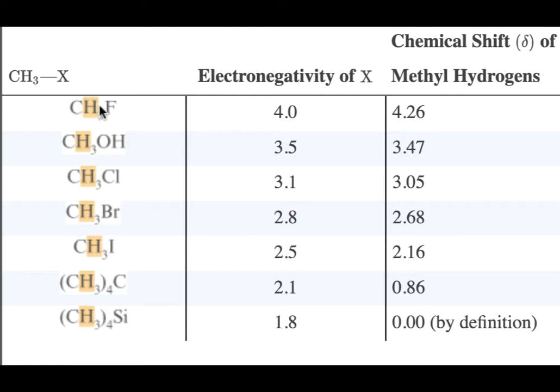The bottom 2 examples are interesting because it just shows you how much more shielding the silicon is relative to a carbon. So here we're looking at tetramethylsilane, which by definition is 0, and comparing it to a compound that had carbon in the center. The compound that's like a little plus sign with carbon right in the middle, that's neopentane.